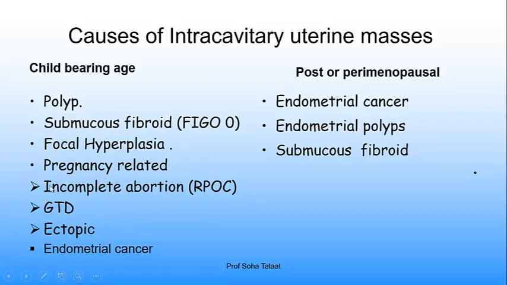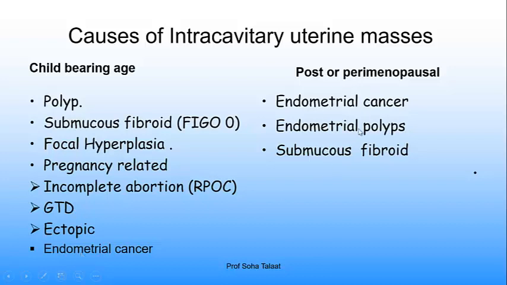This should be put in this age group, like incomplete abortion, and we have seen a lot of cases of retained products of conception, gestational trophoblastic disease, and ectopic pregnancy. And sometimes the ectopic pregnancy is cornual or interstitial, so it may appear as a polypoid lesion inside the uterus. And then, very rare in this age group, is the endometrial carcinoma, but still it's present.